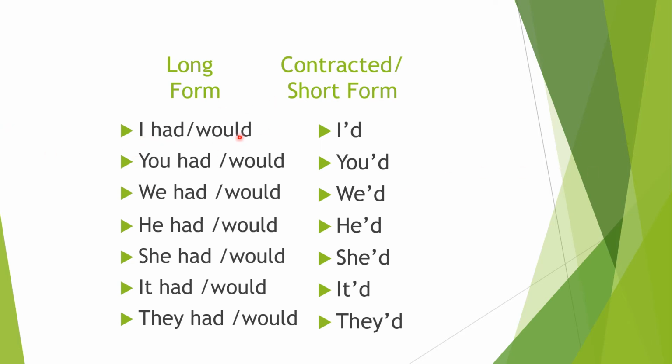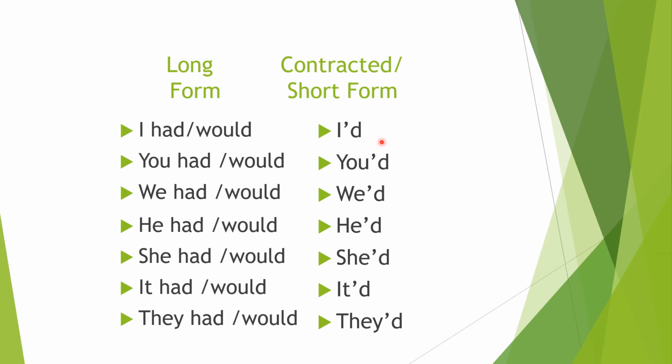I had or I would. Again, there are two forms. I had, I would: I'd, apostrophe D. Okay, had also makes I'd, would also contracts to I'd, and it is pronounced as the short, contracted form, I'd.